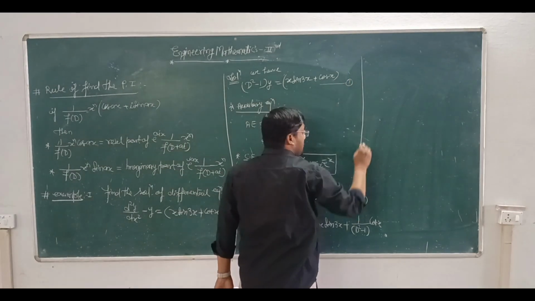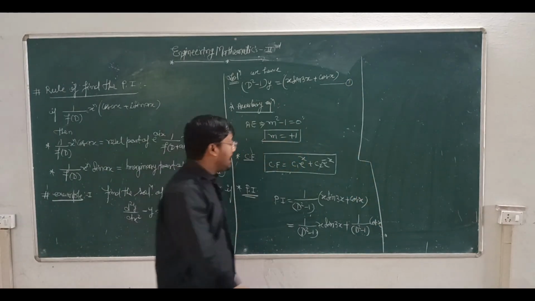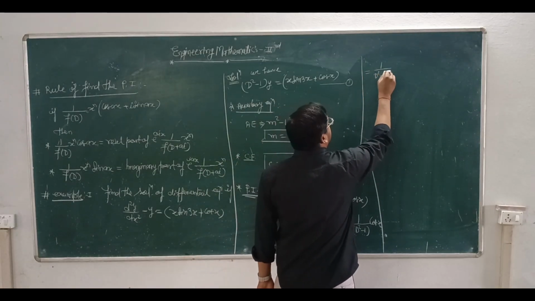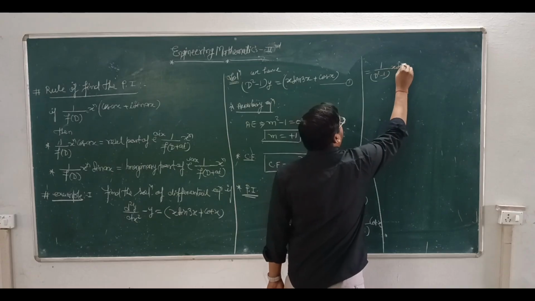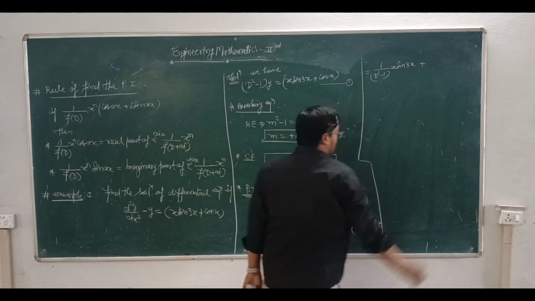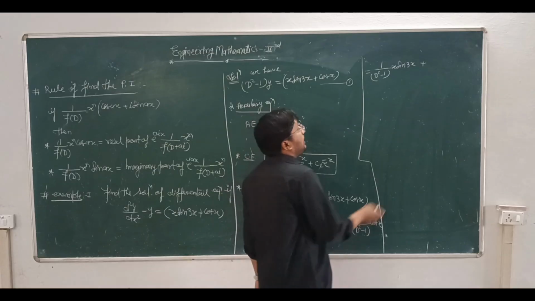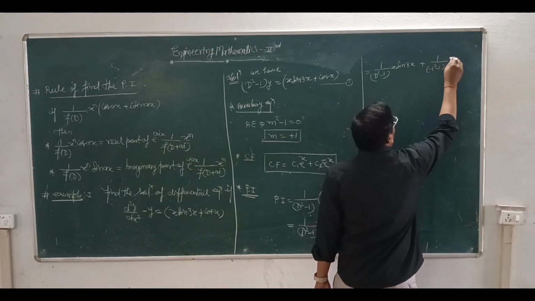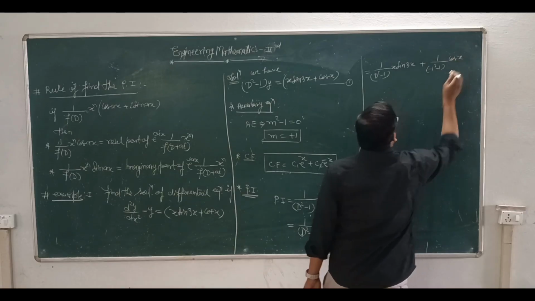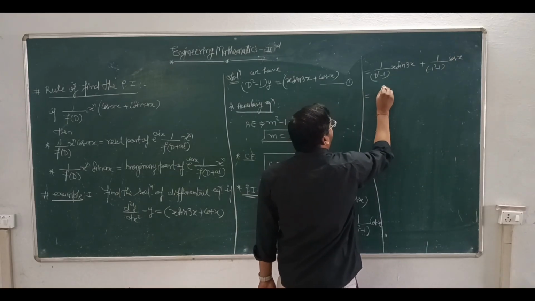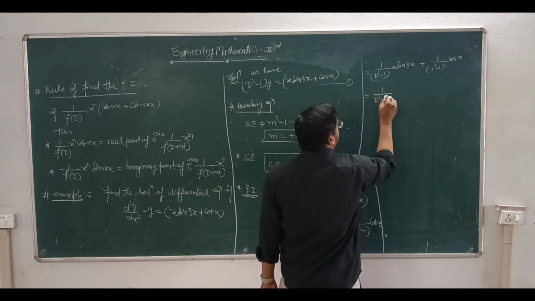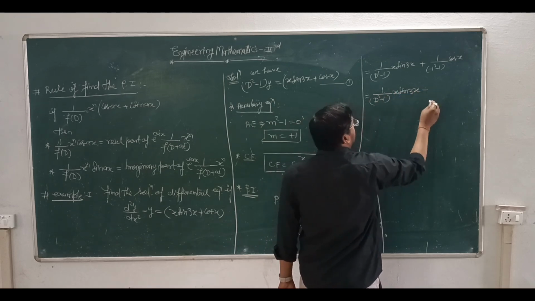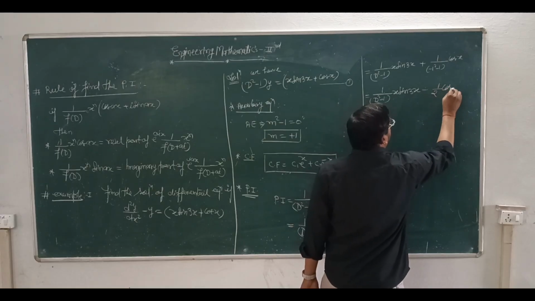By applying the PI rule, you can write 1 upon minus 1 square minus 1 cos x. Now write 1 upon D square minus 1 x sin 3x minus 1 upon 2 cos x.